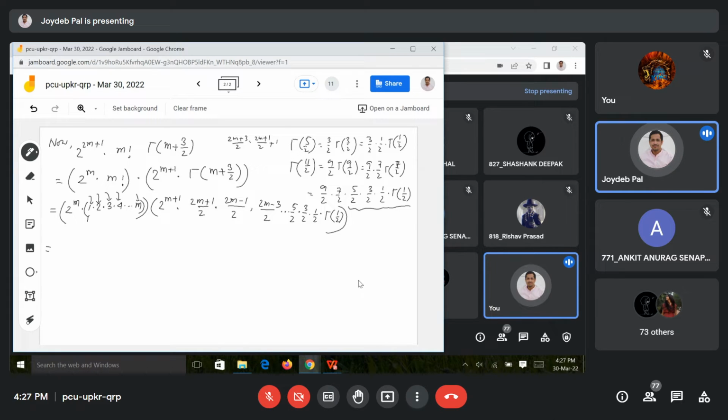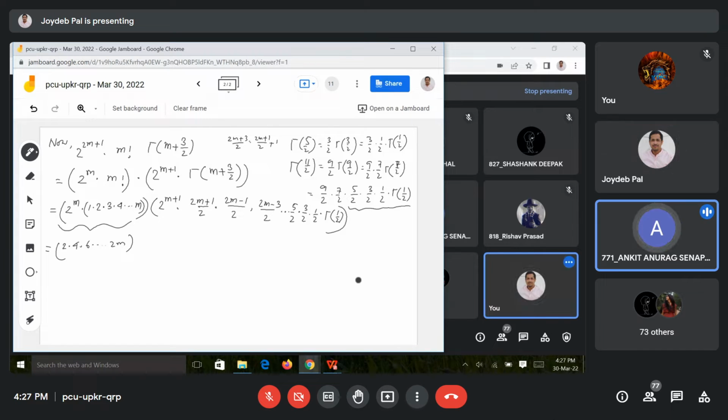So there are m boxes, and in those m boxes I am distributing the 2's. So ultimately it will be 2 into 4 into 6 up to 2m for this part. Isn't it?